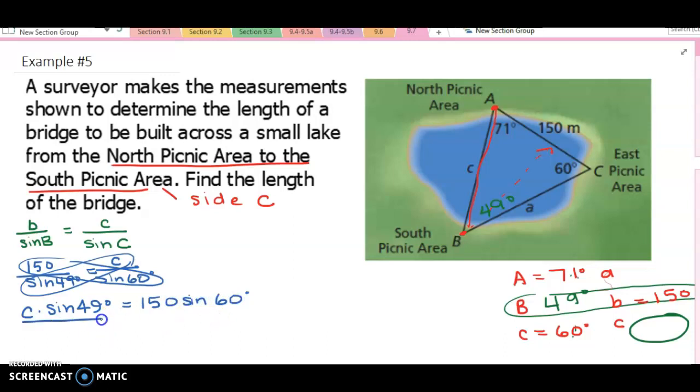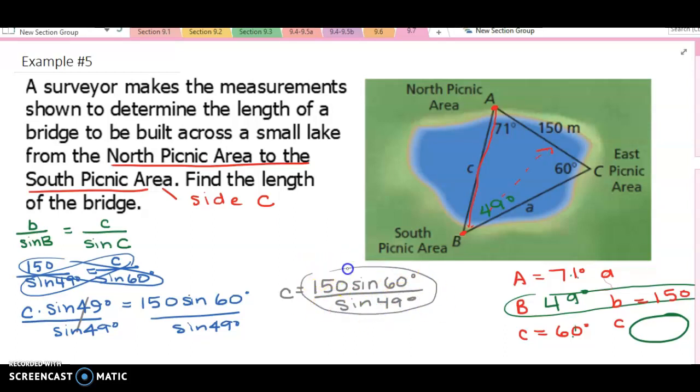I want to get c by itself, so divide both sides by sine of 49 degrees. Those go away, so c equals 150 sine of 60 over sine of 49 degrees. When I put all this into my calculator, I get c is roughly 172.1, and we are in meters.